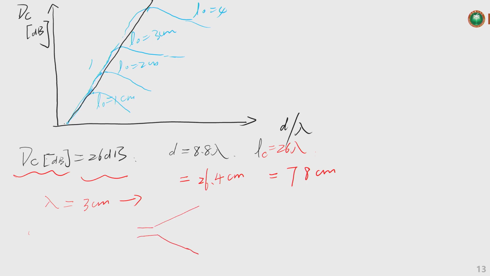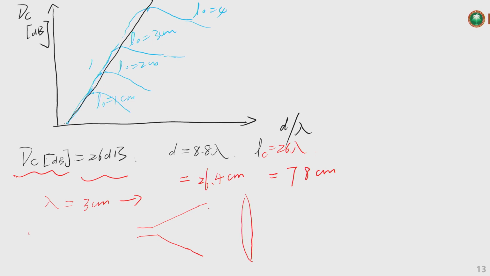Small one. Actually in optics, we already use lenses to increase the gain of, for example, lasers or visible light. We use the lens to increase its gain or its directivity. Here it's the same thing. This is the simplest method: if we want to increase the directivity, we add a lens.